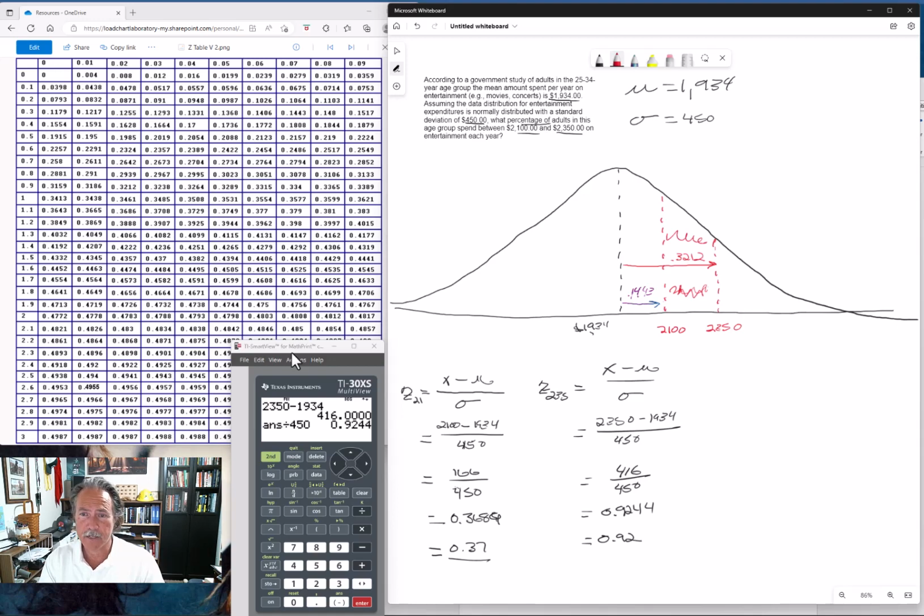It's not 0.3212, it's not 0.1443, but to find this area here, we need to subtract this area from that area, or 0.3212 minus 0.1443 equals 0.1769. 0.1769.